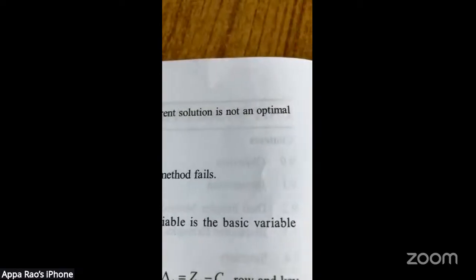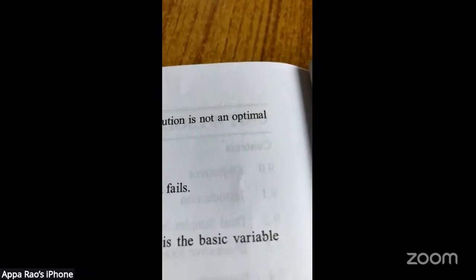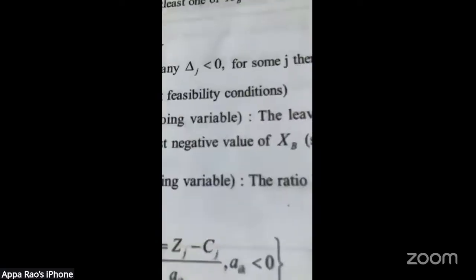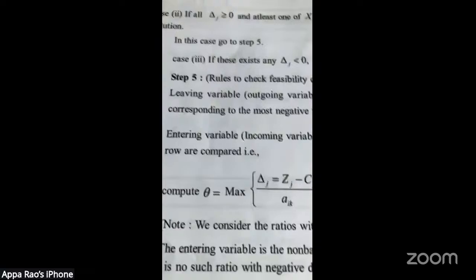Case 2: if all delta j is greater than or equal to 0 and at least one xb is less than 0, then the current solution is not optimal. In this case, go to step 5. Case 3: if there exists any delta j less than 0 for some j, then this method fails.